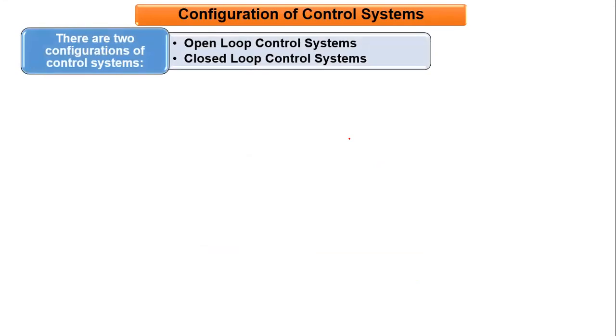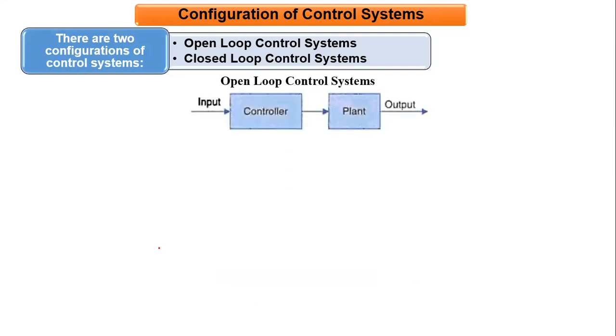Now, configuration of control systems. A control system can be configured as an open loop control system and also as a closed loop control system. In an open loop control system, we have an input, a command, a controller, a plant, and then the output. There is no way to monitor or measure the output and give it as feedback to the input, right? So it is totally an input and output kind of system with a controller and plant.